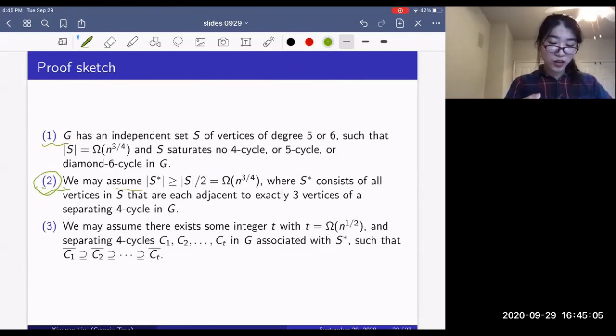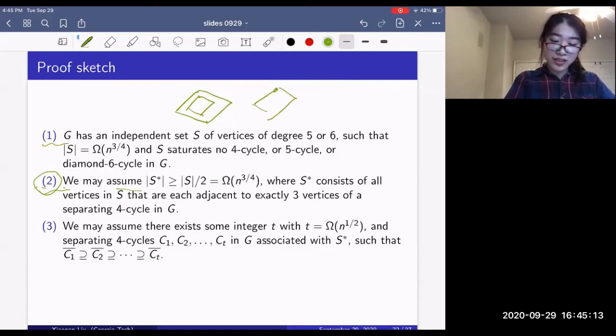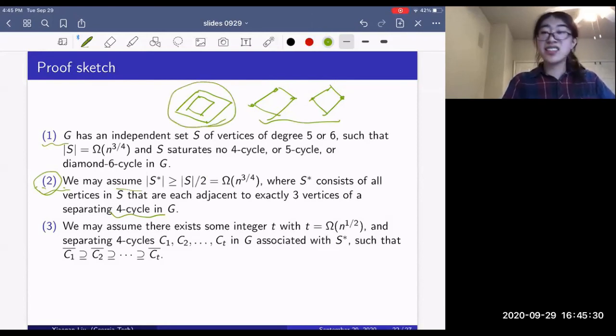We can observe that these 4-cycles either have disjoint interiors, or one is nested in the other, like this.